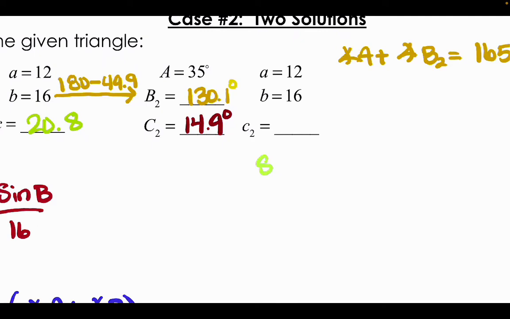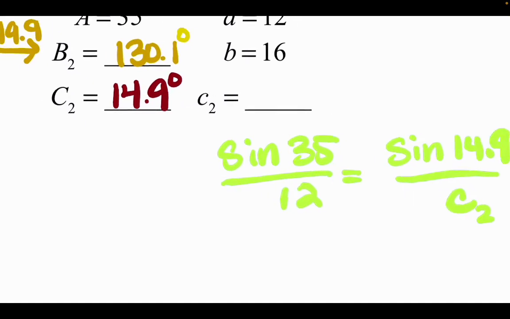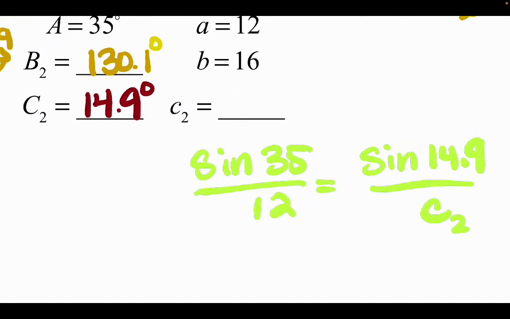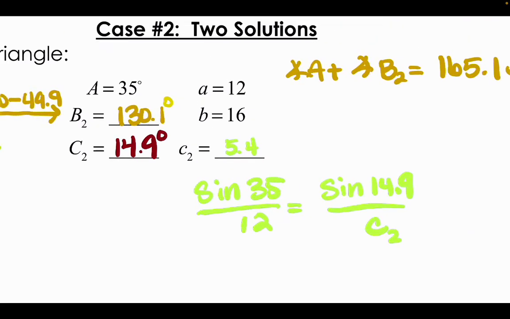So we have the sine of 35 over 12 is equal to the sine of 14.9 over little c2, if you want to find that side length. Okay. Anyone happen to crunch the numbers already on that? 5.4. 5.4. Okay. So there are two triangles at times.